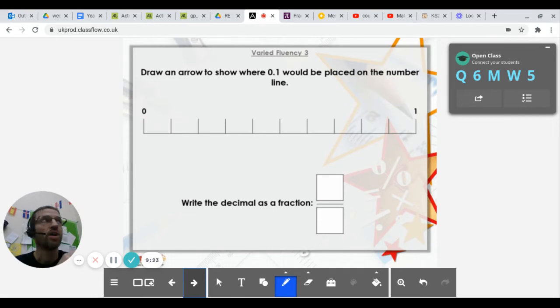In this question, you've got to draw an arrow on the number line. Draw an arrow to show where 0.1 would be placed on the number line. 0.1. And then we've got to write that as a fraction. The 0.1, if we think about our place value chart, is going to be in a particular place. Let's have a look. 0.1.